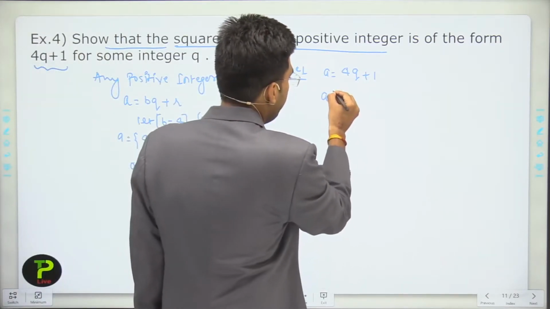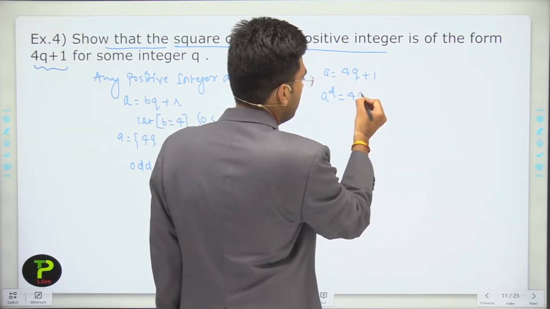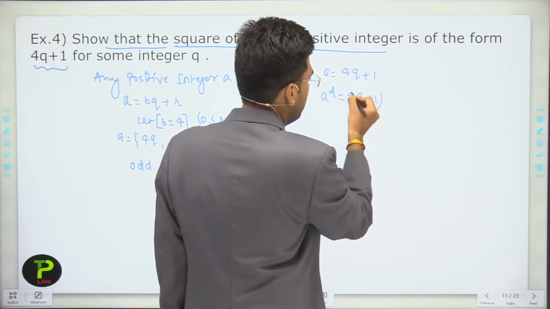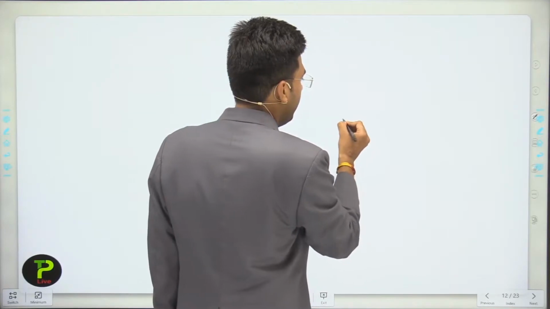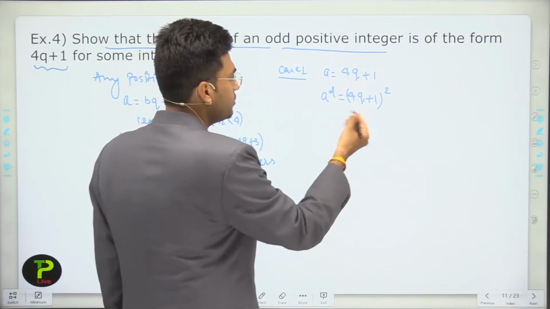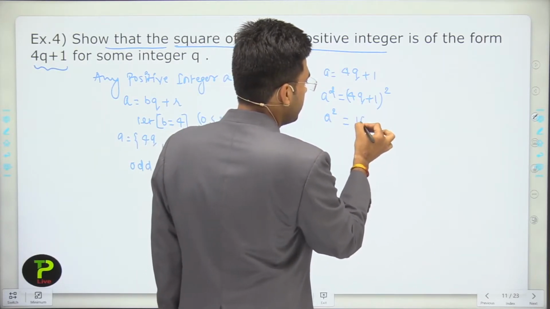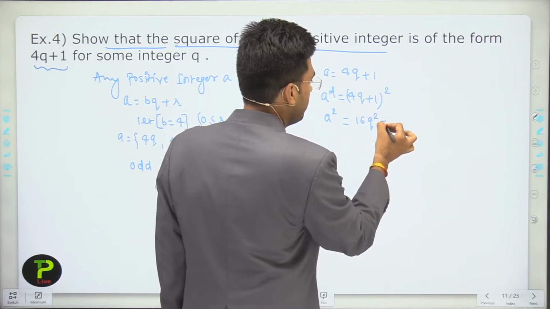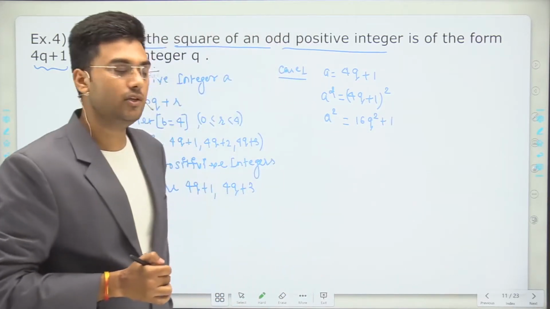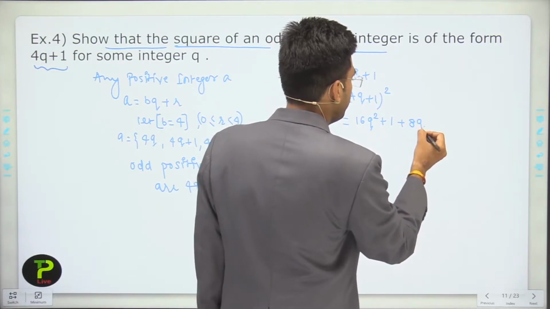So a square is equal to 4q plus 1 whole square, and when we solve this we will get a square is equal to 16q square plus 1 plus 8q.